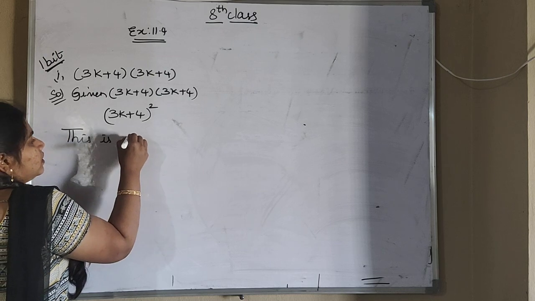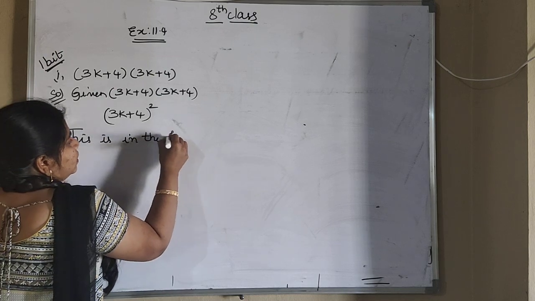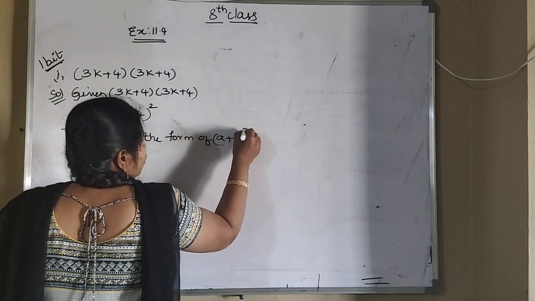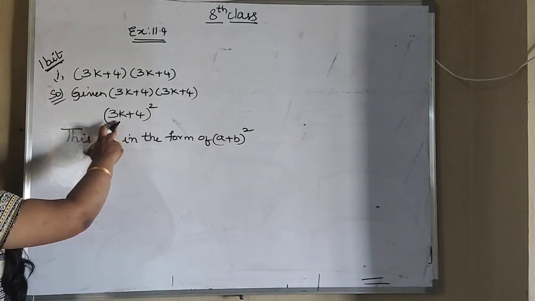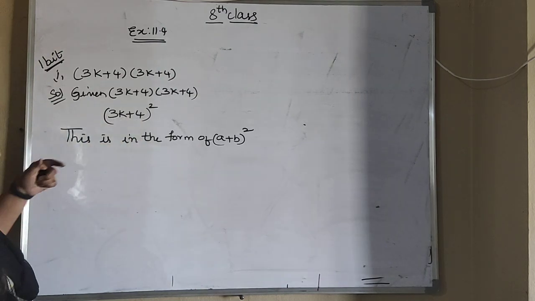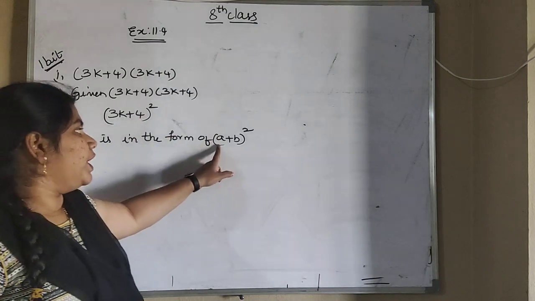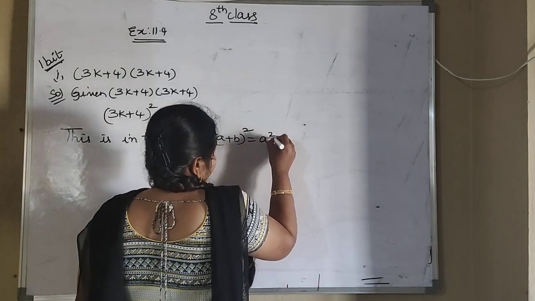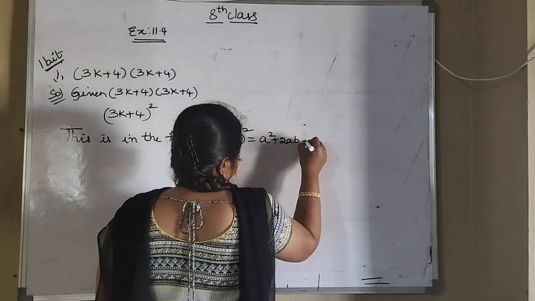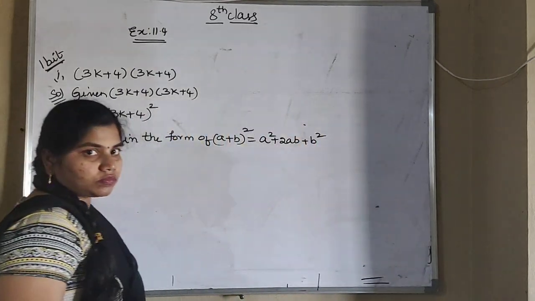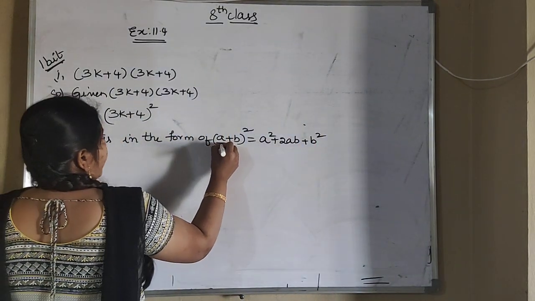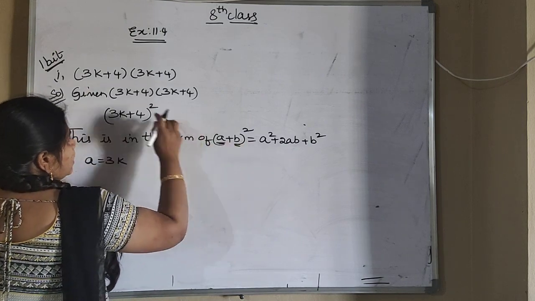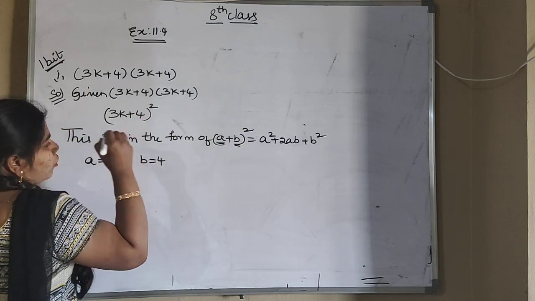This is in the form of a plus b whole square. The a value is 3k, the b value is 4. So what is the formula? a square plus 2ab plus b square. Here a is nothing but 3k and b is nothing but 4.